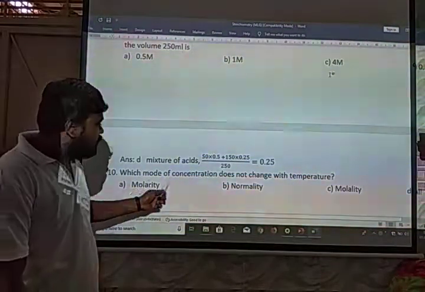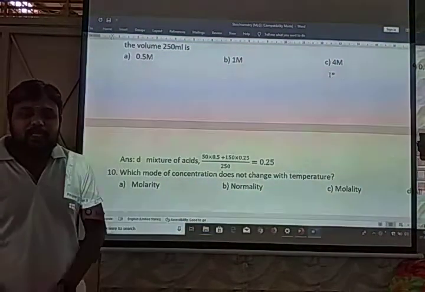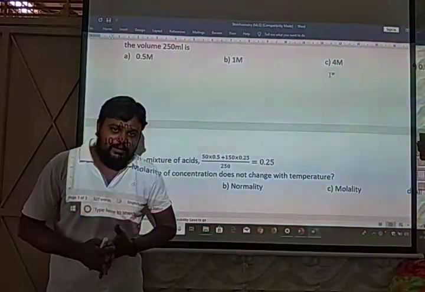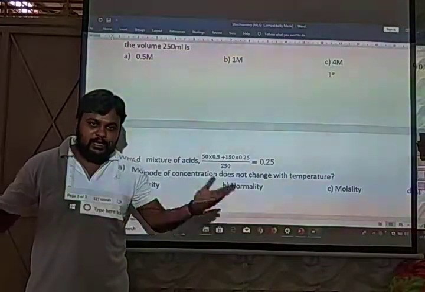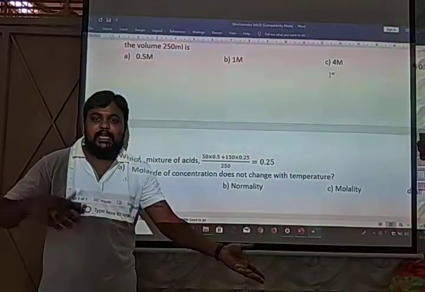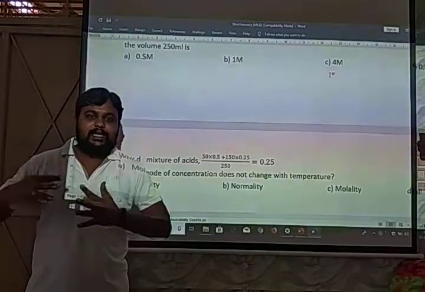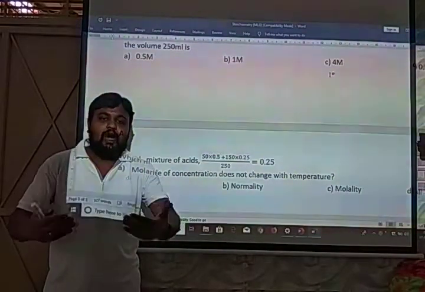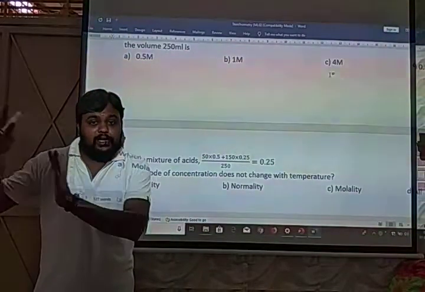Which mode of concentration does not change with temperature? Actually, the concentration techniques, whatever I told at the beginning of the class itself, we have so many methods to express the concentration. Among them, there are physical methods and chemical methods. Among all these concentration techniques, those where volume is present are temperature dependent.